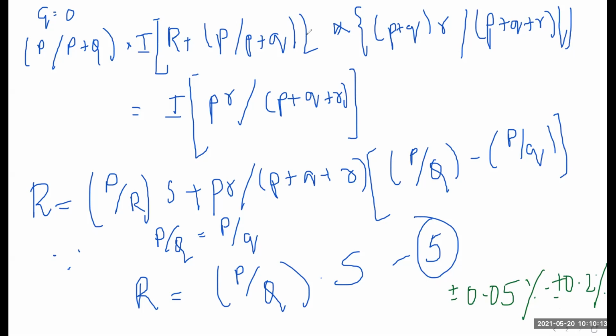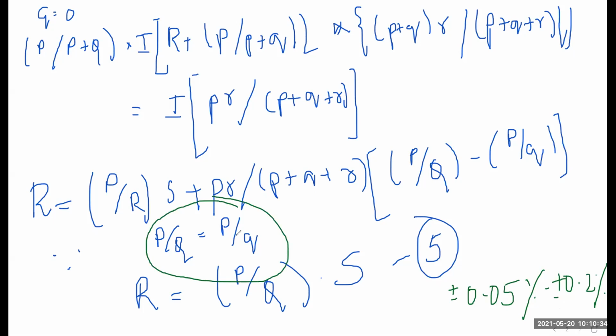Okay, so one more thing I want to discuss. For the Kelvin double bridge, I hope this is more or less clear. Our main intention was to show you how we can equate capital P upon Q equals small p upon small q.